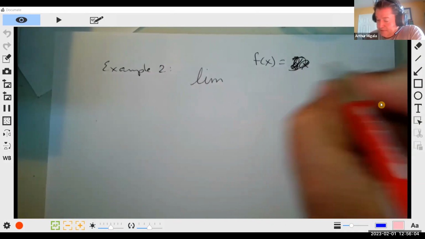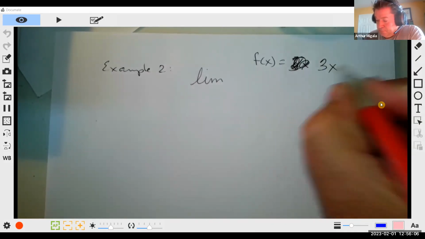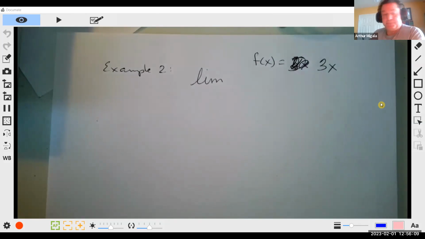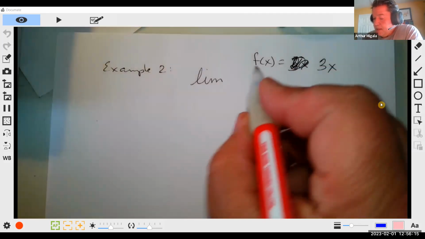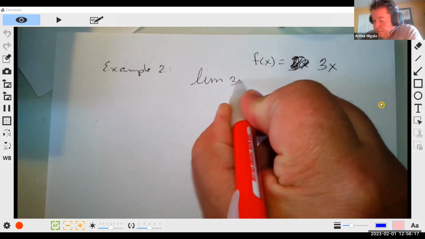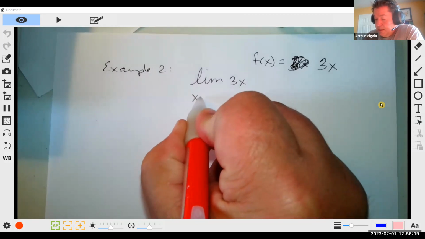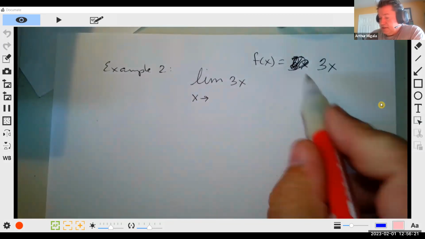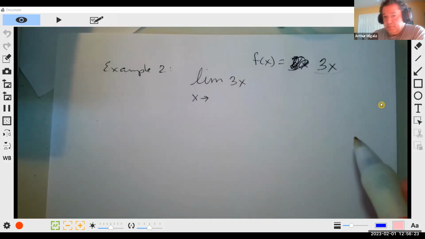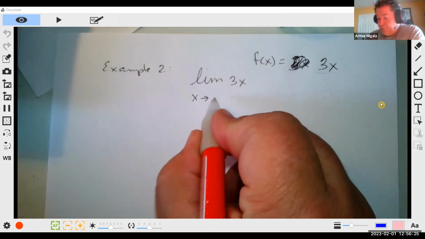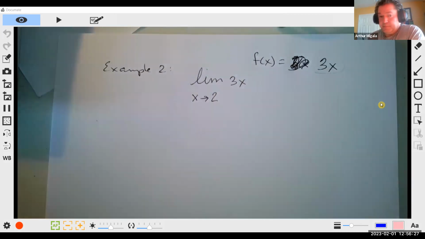No, we just did that. Let's just do 3x straight up. So we have 3x. Since this is a linear equation, it doesn't matter what value we pick. We'll pick 2.